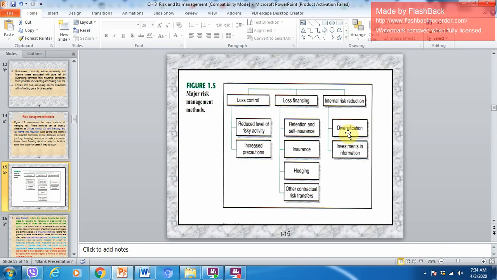The ability of shareholders to reduce risk through portfolio diversification is an important factor affecting insurance and hedging decisions of the firm. Here I give you one local example.